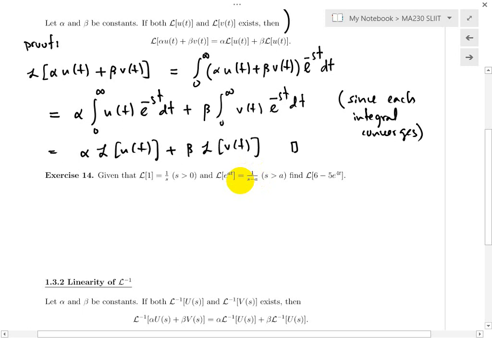So these two things are given. Laplace transform. So how do you find it? So one way to do it, you can integrate, of course.